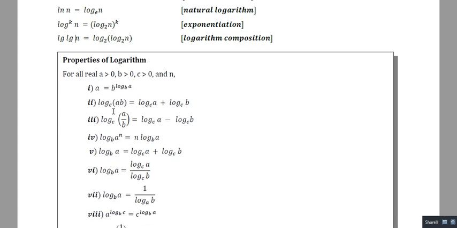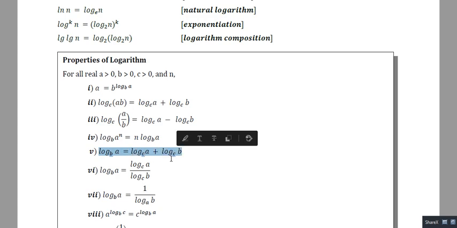These are a few important formulas related to logarithm. Base is b, this is equal to a. And log ab is equal to log a plus log b, the base remaining the same, c. Similarly, log a by b base c is equal to log a base c minus log b base c. Similarly, log a power n base b is equal to n log a base b. And here we are doing the splitting.